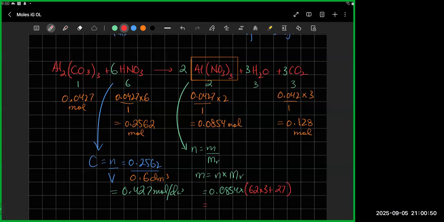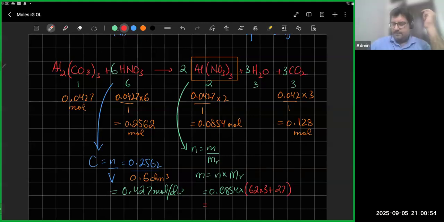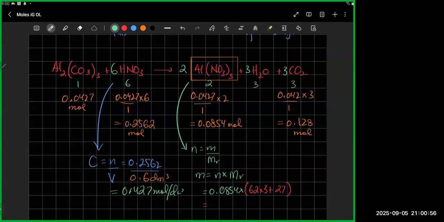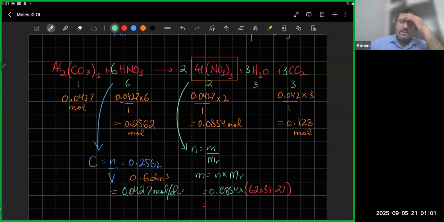The concentration 0.0427. ठीक है. वो अगला बताओ कि what is the next thing?